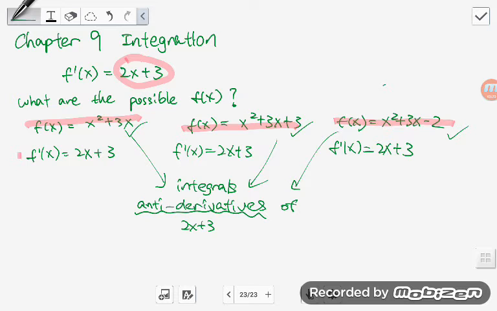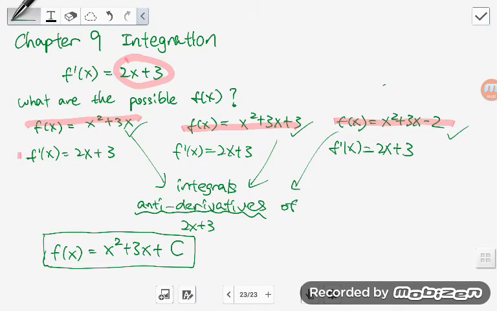Are these the only three possible integrals though? No, right? As long as a function looks like x squared plus 3x plus c, where c is any constant, it can be positive, negative, fractions, rational numbers, irrational numbers, whatever, square roots, anything. So as long as my function is in this form, I will always get a first derivative of 2x plus 3, right?